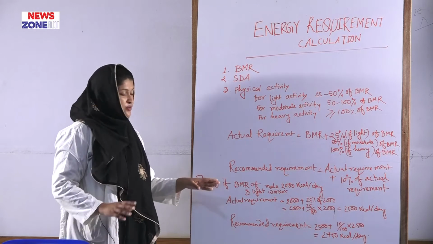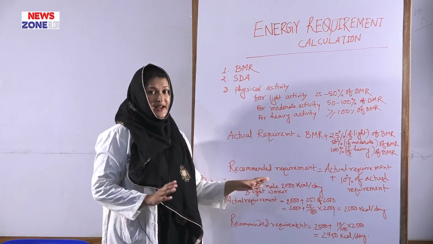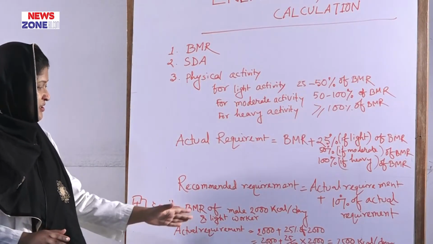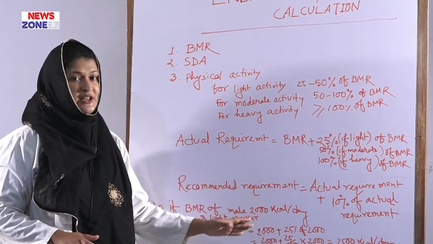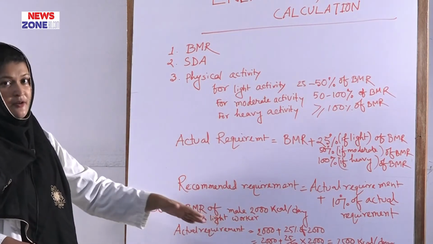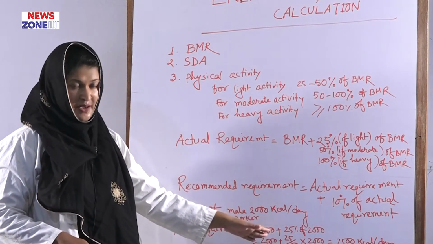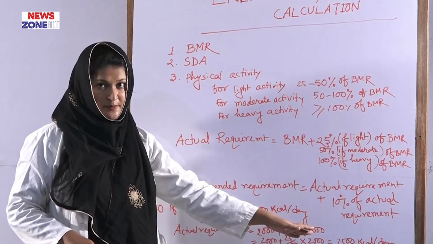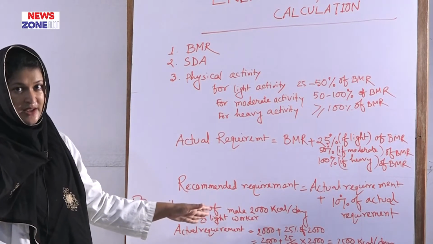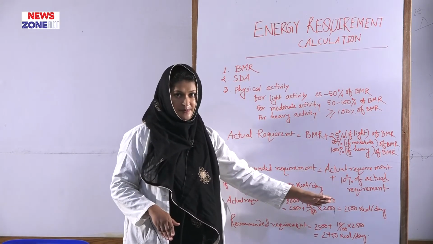So suppose, in case of an adult male, the male is a light worker and the male BMR is 2000 kilocalorie per day. In that case, actual requirement of that male person will be 2000, meaning his BMR, plus 25% of BMR, as mentioned already, light working male person, so 25% of his BMR.